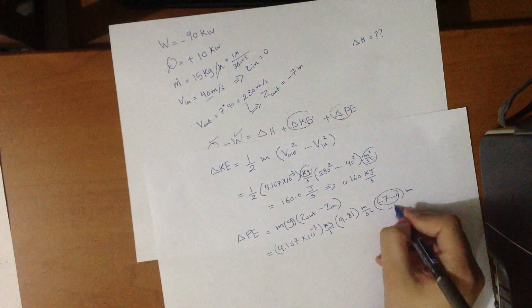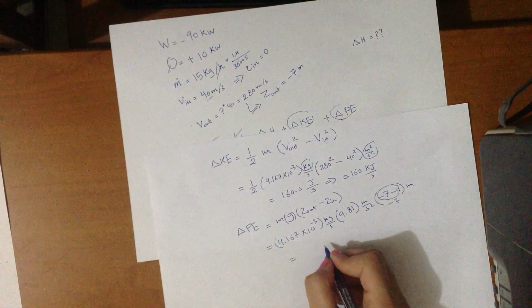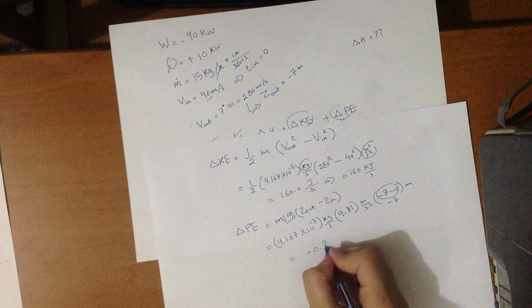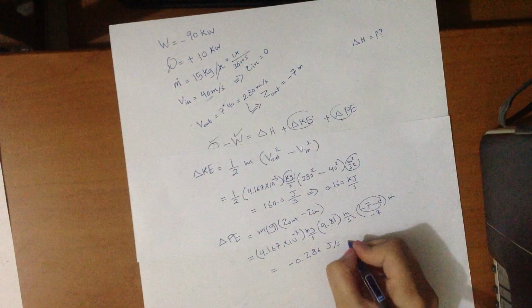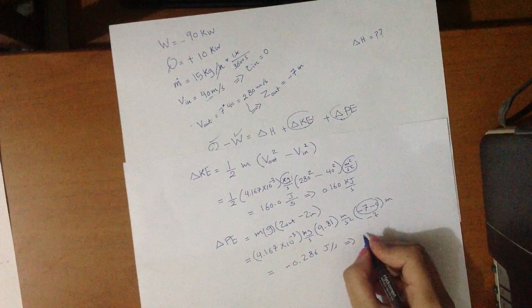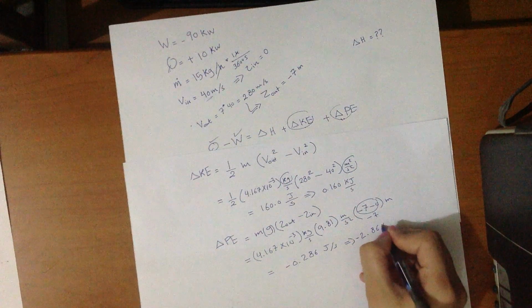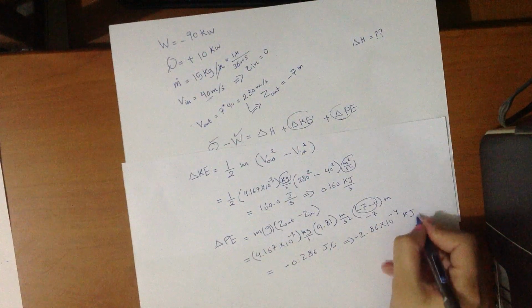So the answer here is minus 0.286 joule per second. Converted to kilojoule per second, it becomes minus 2.86 multiplied by 10 to the power of minus 4 kilojoule per second.